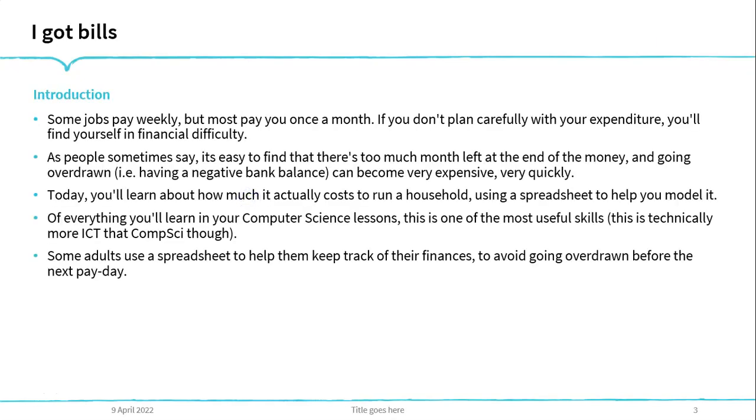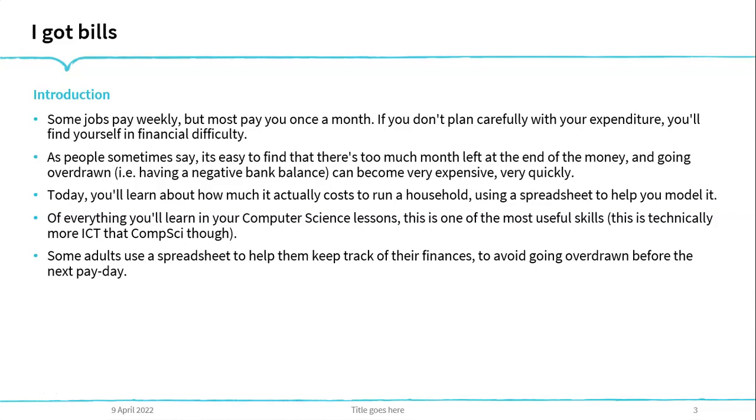This is so important because some jobs pay weekly, but most jobs that you start doing pay once a month. And if you don't plan carefully with your expenditure, your outgoings, you'll find yourself in financial difficulty and you'll be spending more than you actually earn.